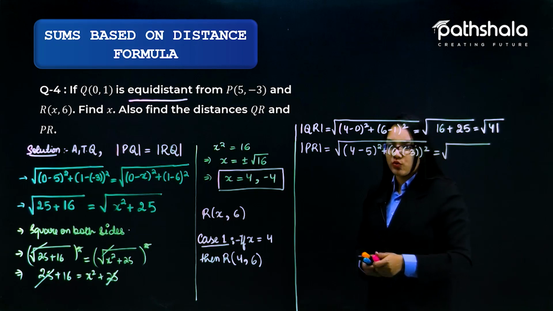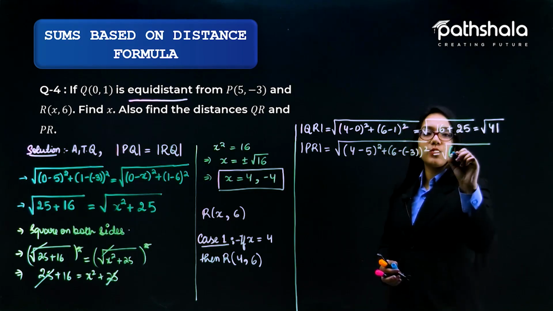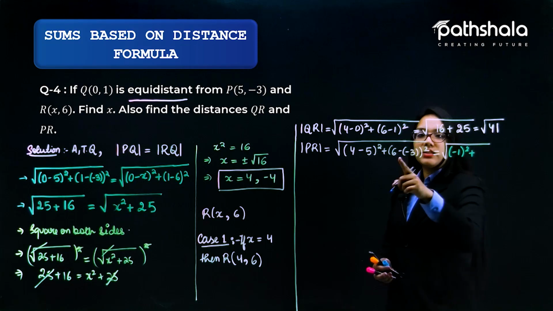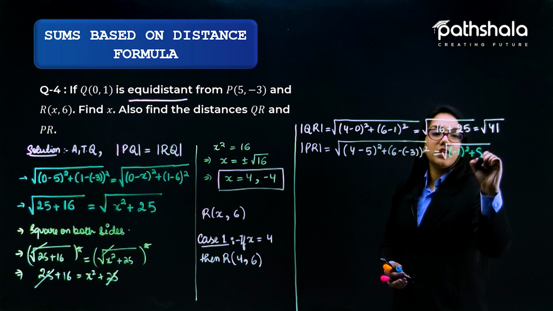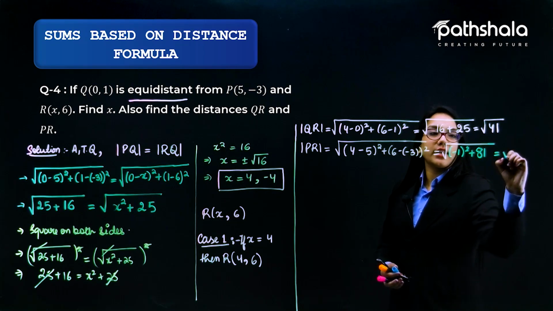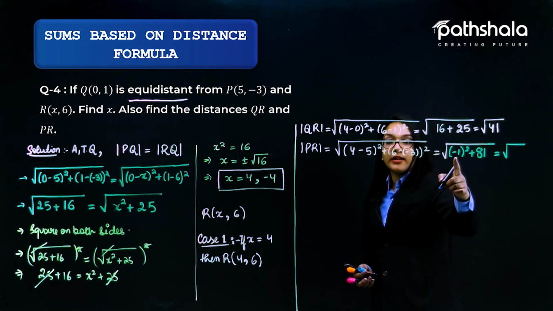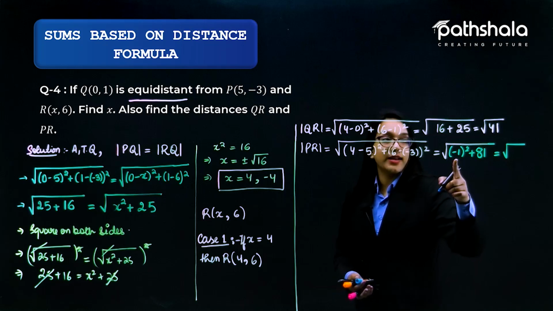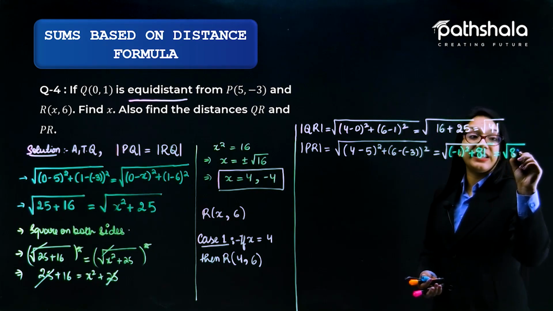Actually, the values are (4 minus 5) whole square, which is minus 1 whole square, plus (6 plus 3), that is 9, and 9 whole square is 81. So at the end we get 1 plus 81, which is 82.